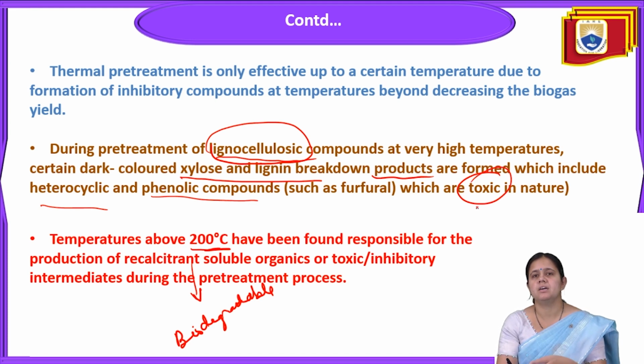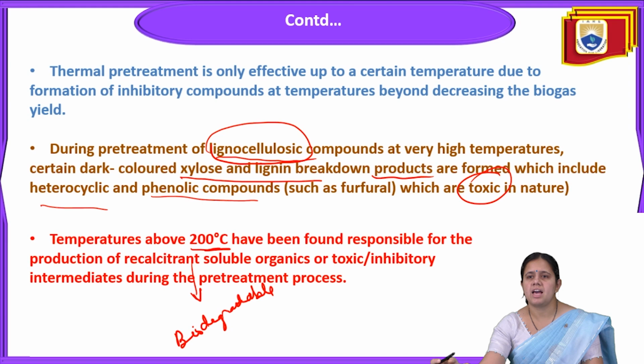Here we have discussed thermal pretreatment, which is only effective up to a certain temperature, as beyond it inhibitory compounds form and decrease the biogas yield, and above 200 degrees Celsius toxic or inhibitory intermediates are produced.